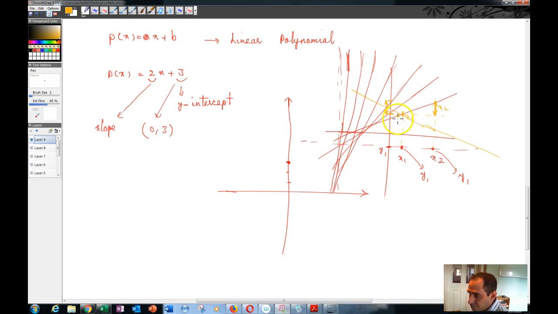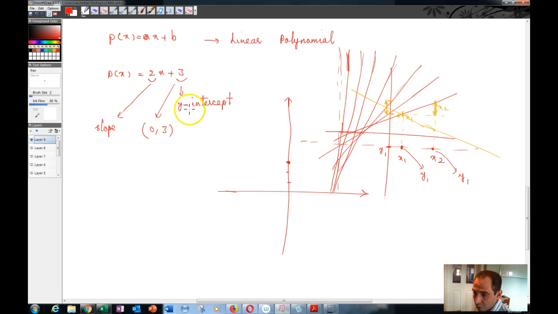So what that means is that if you have the slope of a line, and if you have one point related to that line, which is the case over here, then based on the slope you can figure out the second point. And that's what I want to do right here. You have this polynomial.